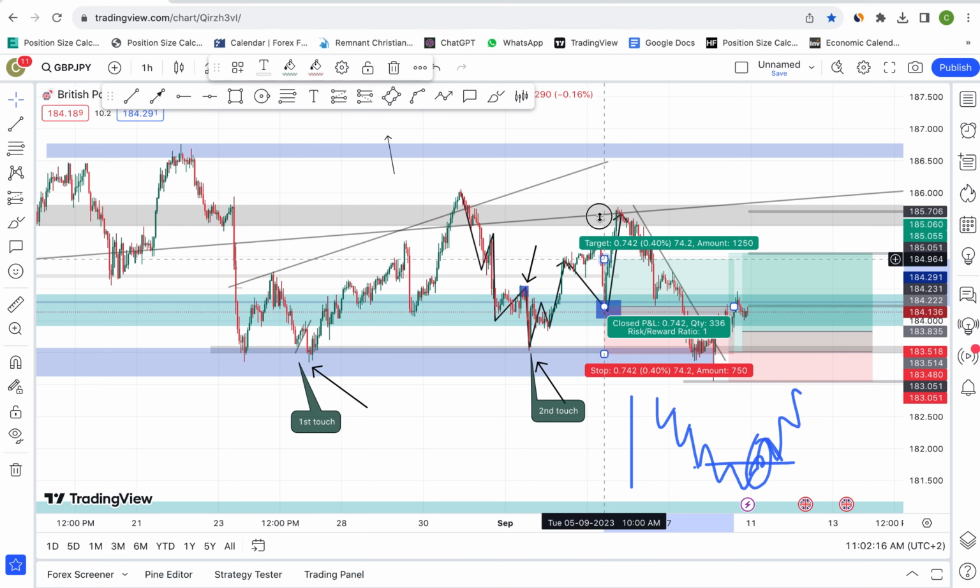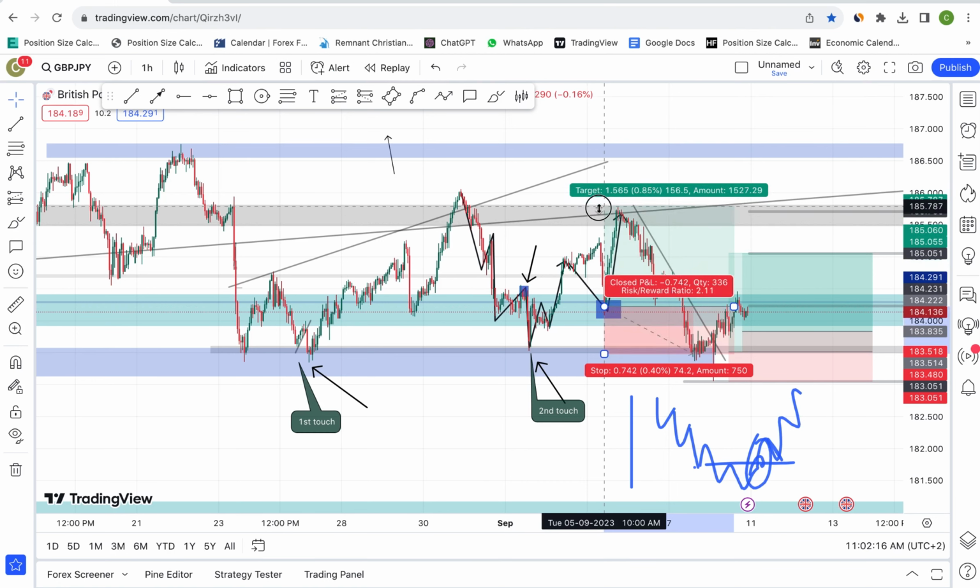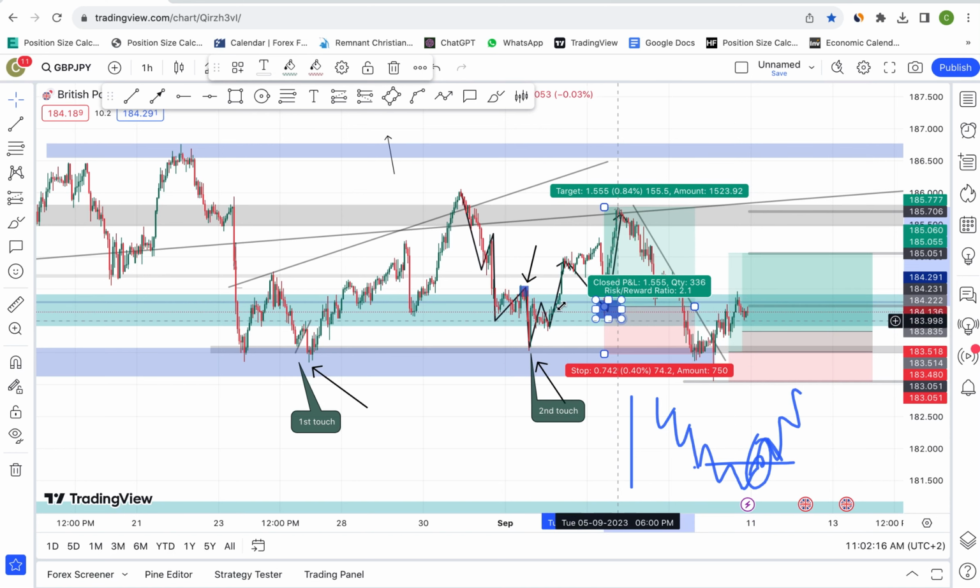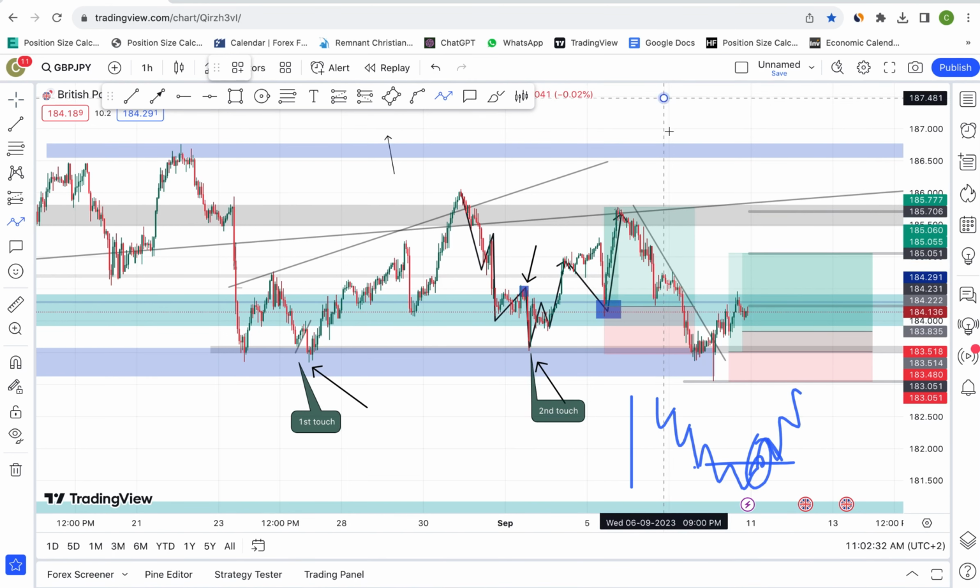How do you know that this retest is complete? You go to the 15 minute or 5 minute time frame to see this pattern again, lower low, lower high, lower low, lower high, to see when it changed direction on our retest.